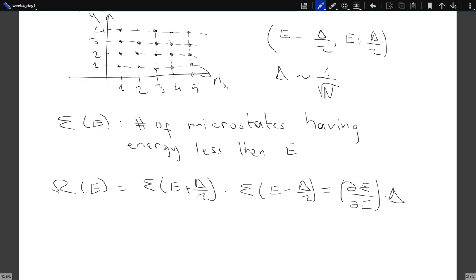This will be our omega. So once we can calculate the sigma, we can obtain omega.